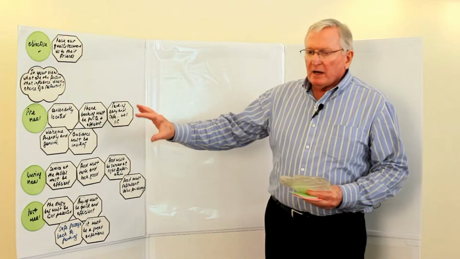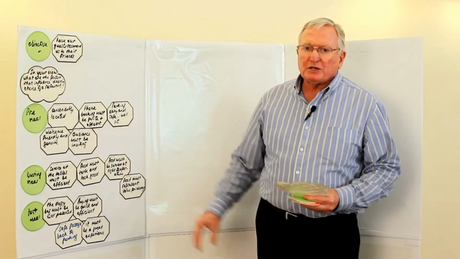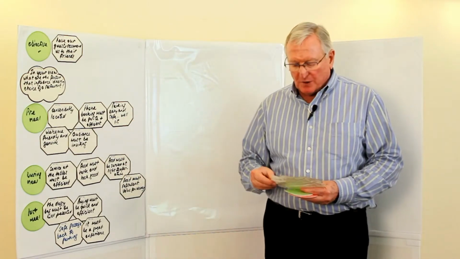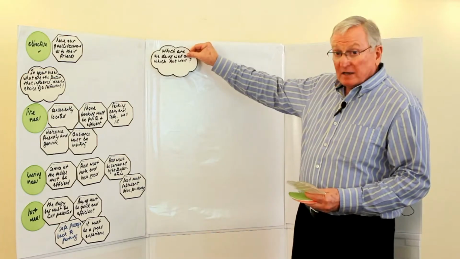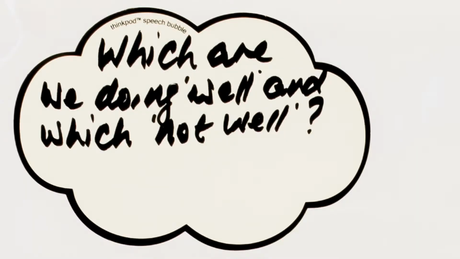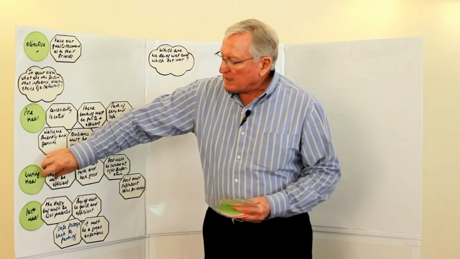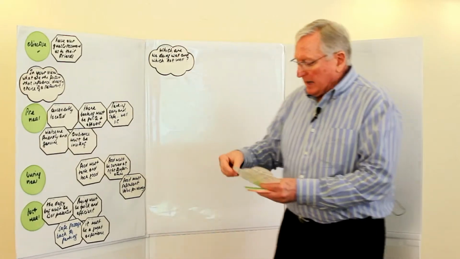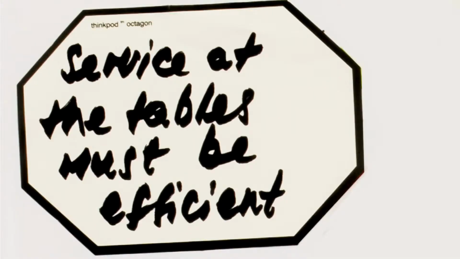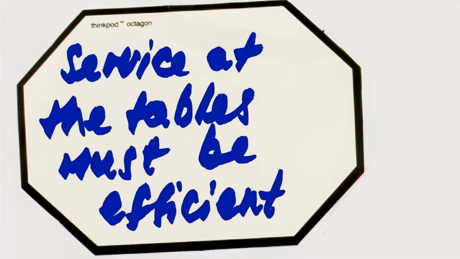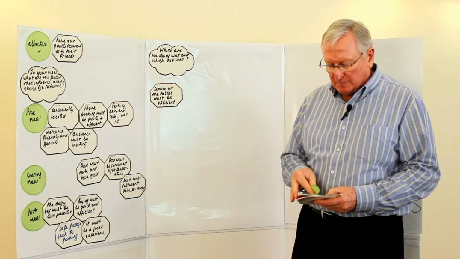So let's assume now that we've identified which the key elements are. The next step in the process would be for us as the owners of this restaurant to ask ourselves the question, which of these are we doing well and which are we not doing well? So let's just take this during the meal issue and say service at the table. Is our service efficient and acceptable to the customer?